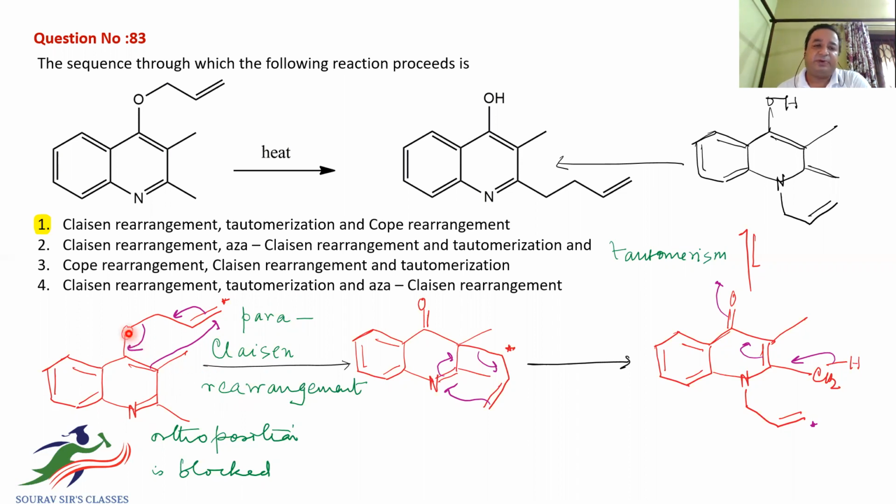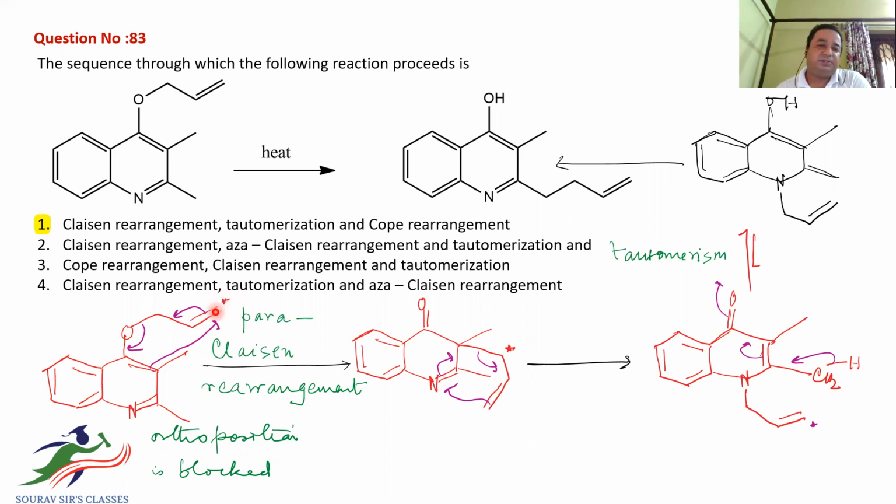When I say 3,3, what I mean is I will take oxygen as number 1, this as number 2, and this as number 3, whereas this particular carbon will be called 1', 2', and 3'.